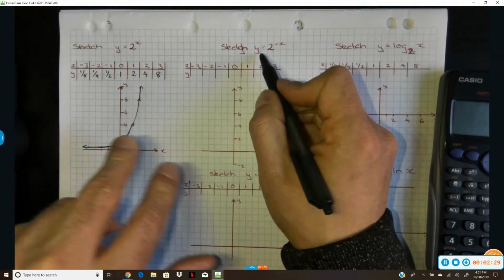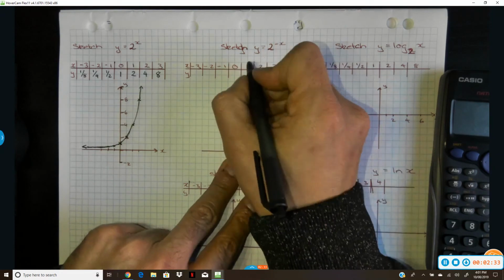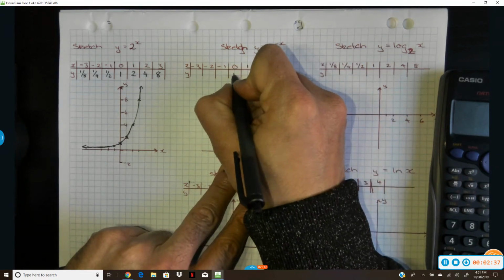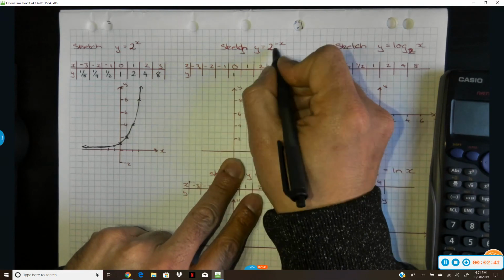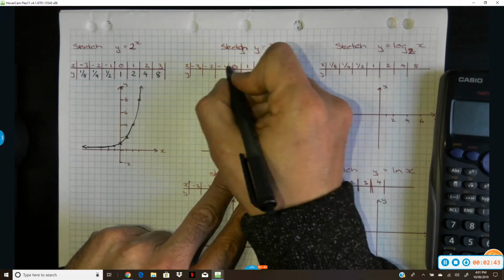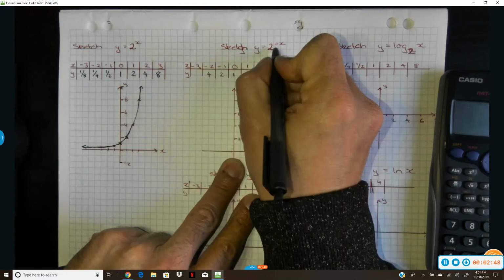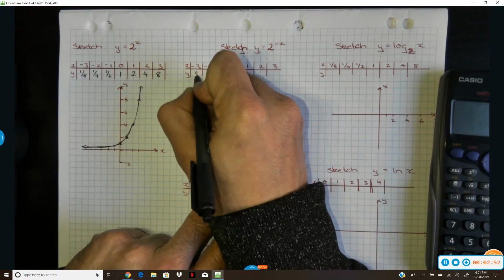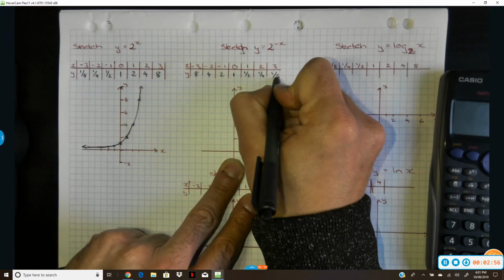Alright, so if we have y equals 2 to the power of negative x, same thing, so at 0 it's 1. With 2 negatives, if it was negative 1, it becomes a positive, so 2 to the power of 1 is just 2. And then for negative 3, 2 negatives become positive, so 2 to the power of 3 becomes 8. We've got a half, a quarter, and 1/8.